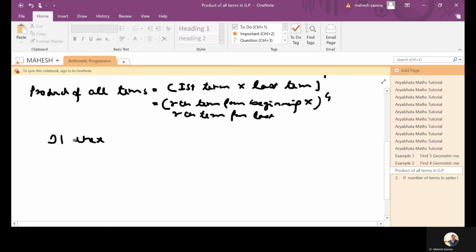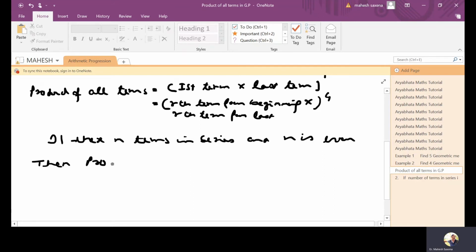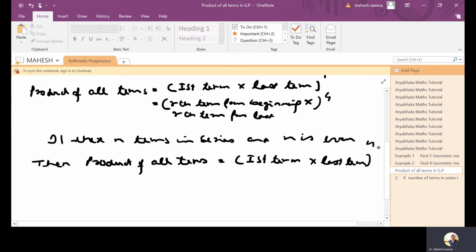If there are n terms in the series and n is even, then the product of all terms is equal to first term into last term to the power n by 2.